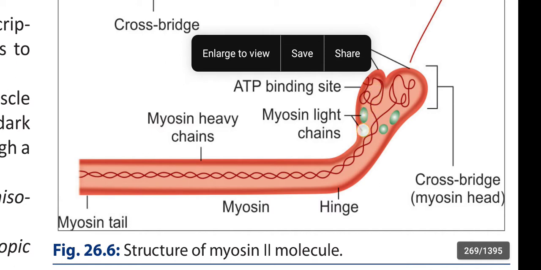In these two, one light chain is regulatory and the other light chain is alkali. Same as here also. This head region consists of one heavy chain. Of the two heavy chains, one chain enters one head and the other chain enters the other head. This is the one heavy chain and these are the two light chains. One is regulatory, one is alkali.